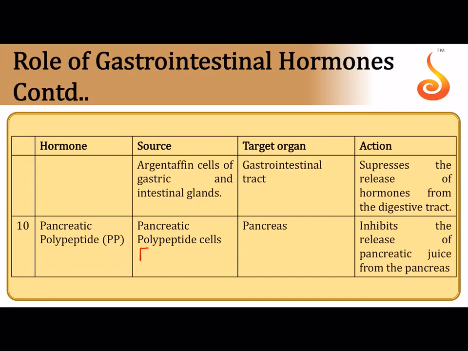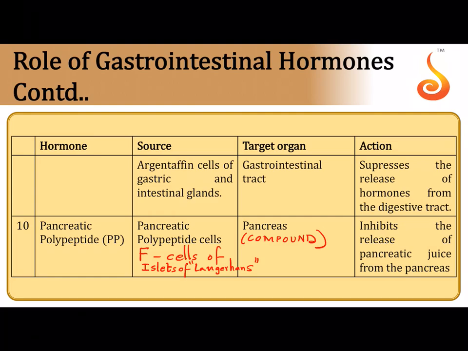The last one is referred to as pancreatic polypeptide. Now, pancreatic polypeptide is actually secreted by the F cells of the islets of Langerhans. In the pancreas, there is a gland which is referred to as the islet of Langerhans. Now, these islets of Langerhans are actually the endocrine parts of the pancreas, because all of you remember pancreas is a compound gland.